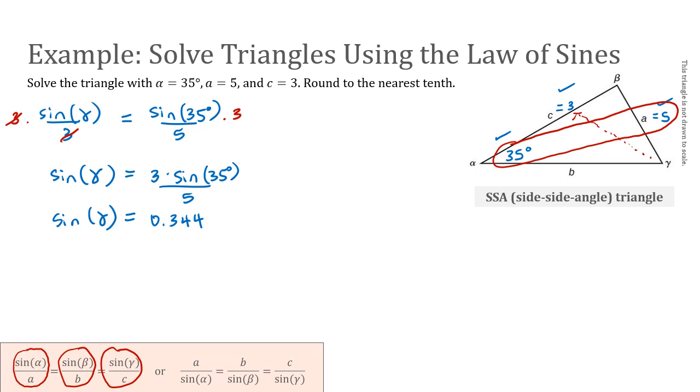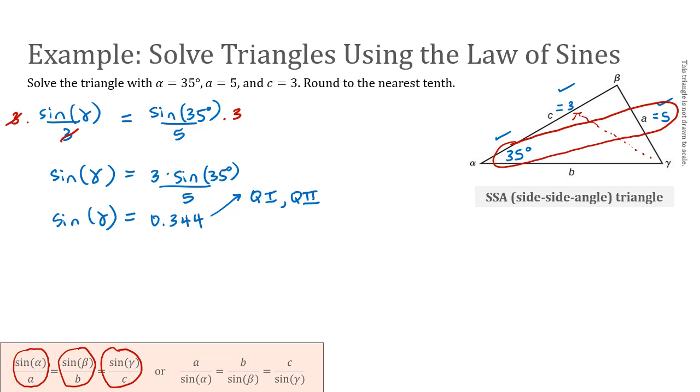In other words, the sine of this angle gamma is equal to a positive output. And what I know is that that can only happen if the angle is in quadrant 1 or in quadrant 2. All right, so it's good to think about it because then when you get an answer, you can determine whether or not that seems reasonable.